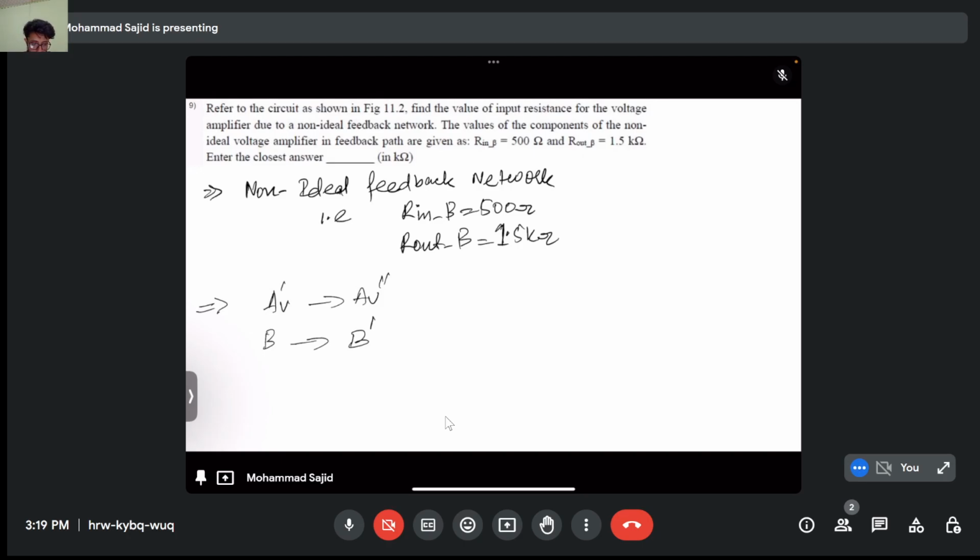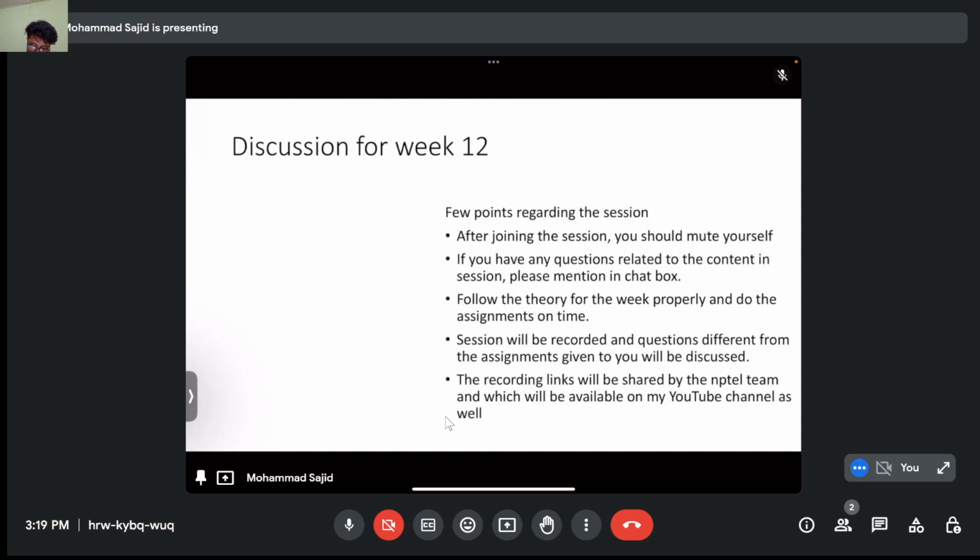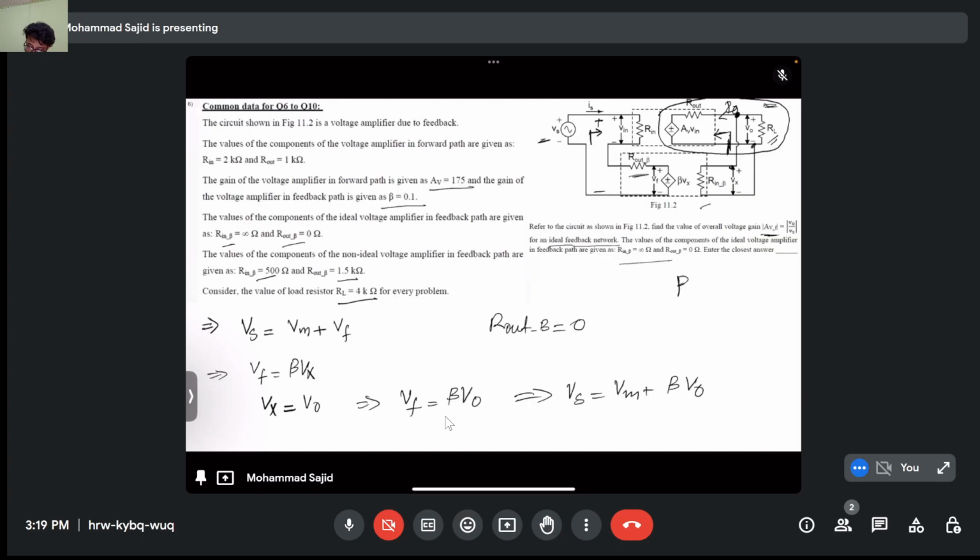You know that from the feedback network, we just look here. It's here, your feedback network. If it is R out B, and now consider this as an amplifier, your beta is gain, right? And your load resistance will be R in. So your beta dash will be equivalent to R in divided by R in plus R out, right?